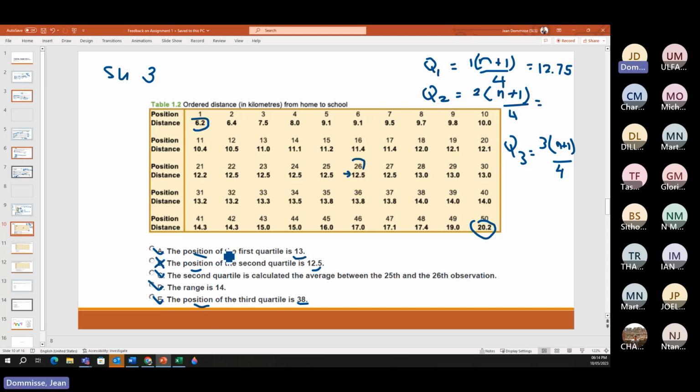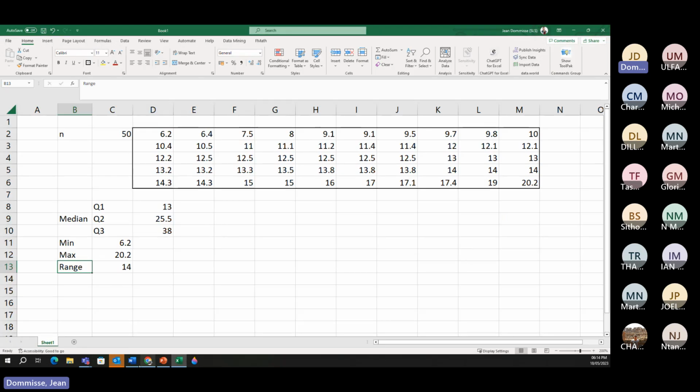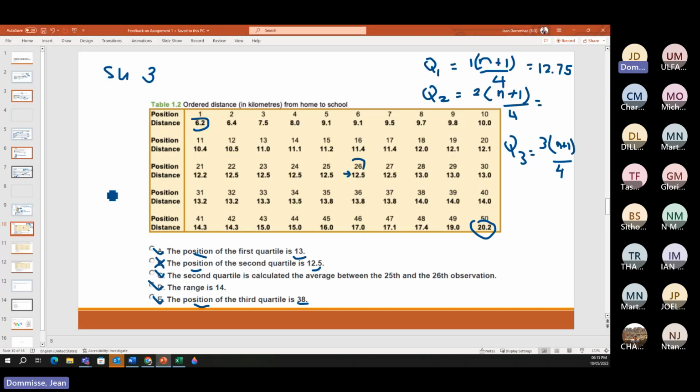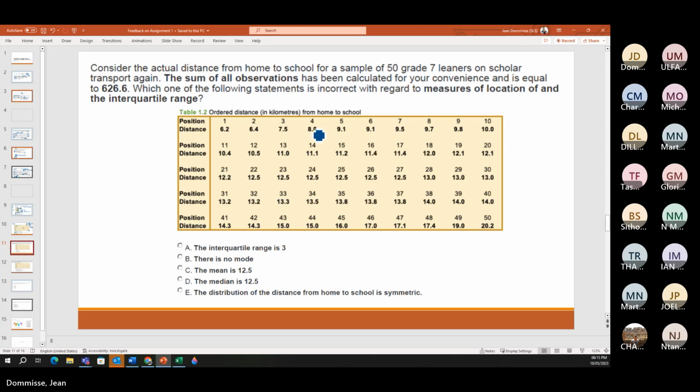Okay, so now luckily we have this set of data, because now the next set of questions, they're asking us again a few things. What they also give us is that the sum of all observations has been calculated for your convenience, and is equal to 626.6.